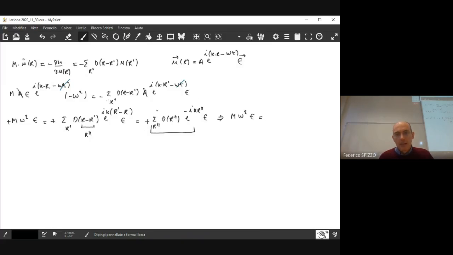So this summation gives rise to a new matrix that is called D of k, because this matrix, after you have performed the summation over r second, depends just on the wave vector k times the polarization vector E.